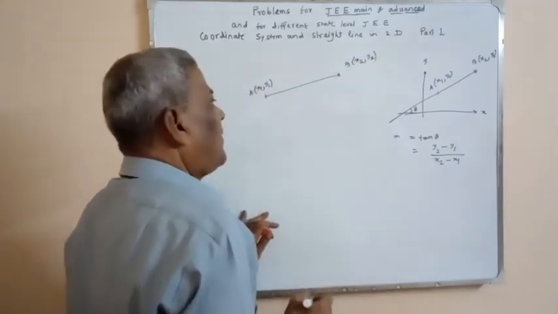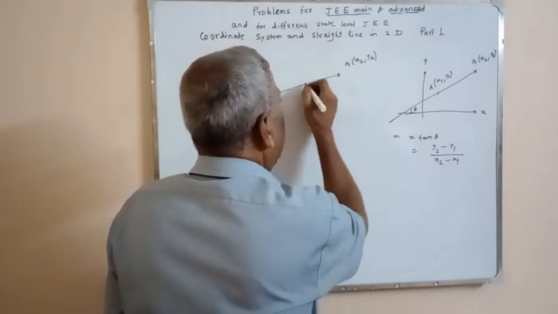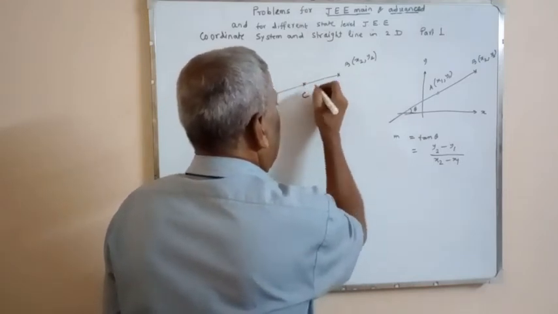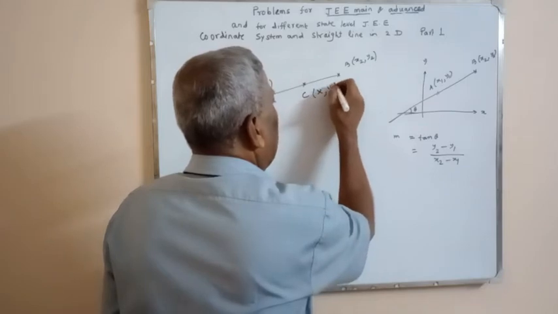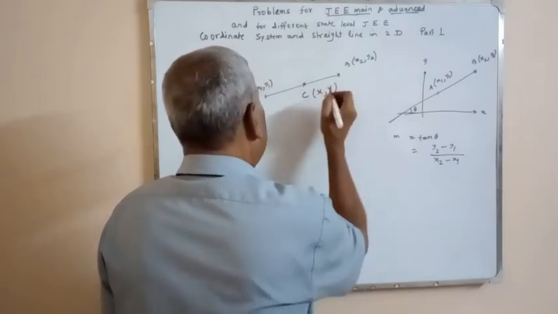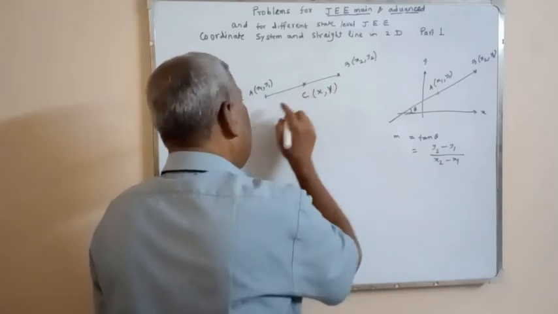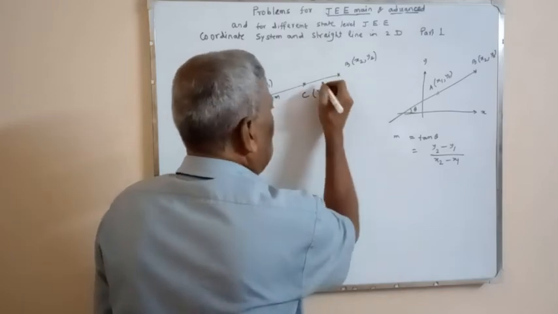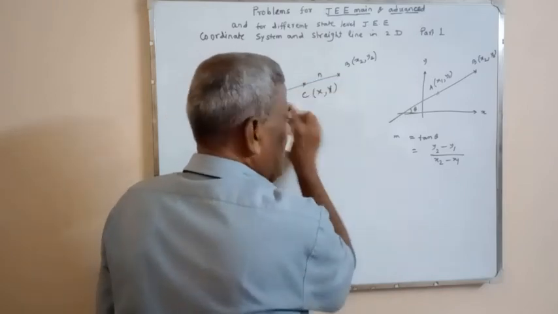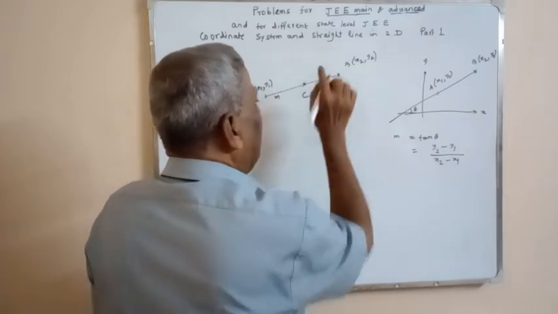And C is a point in between them, whose coordinate is say capital X, capital Y, such that point C divides AB internally in the ratio m is to n. M and n are any constants.